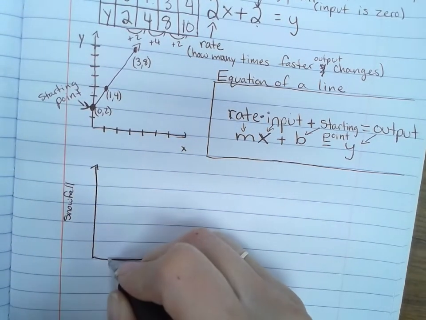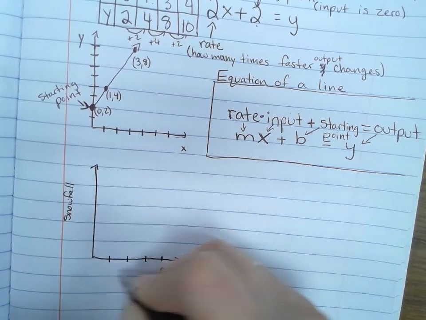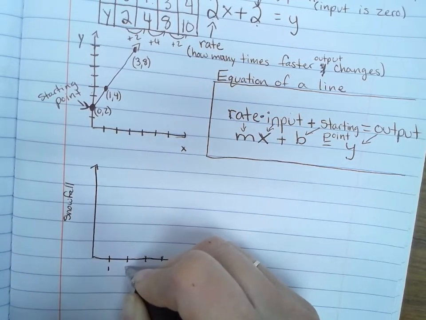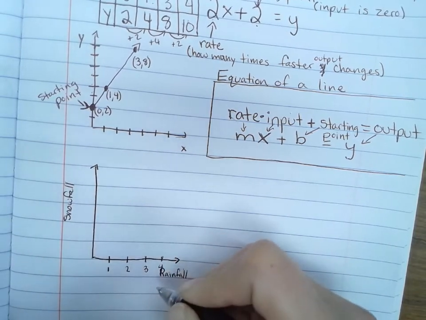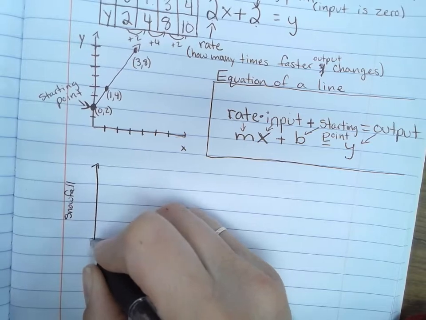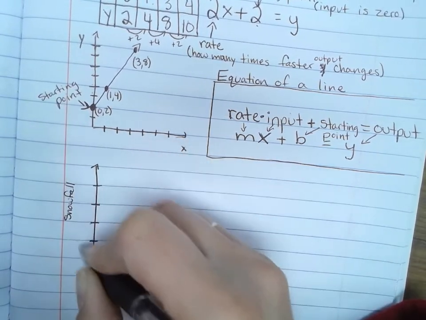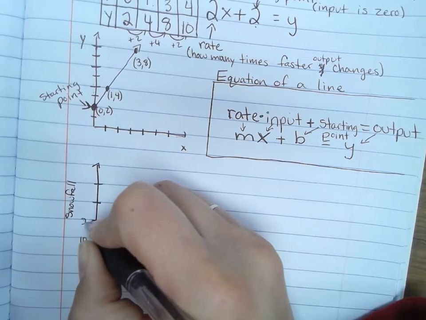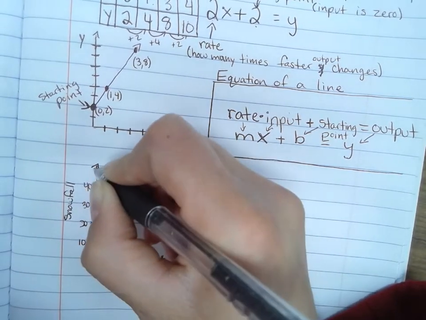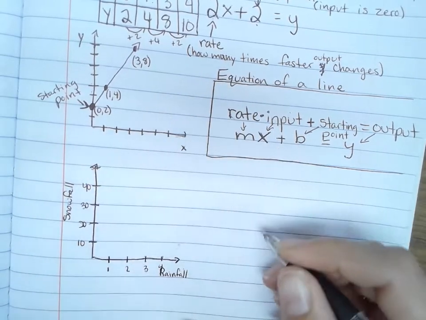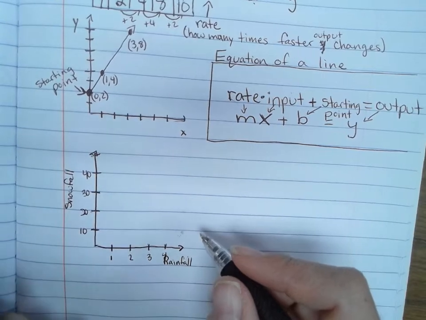Okay, if we're given this, this one is going to be labeled by 1s. This one we're actually going to label by 10s. So this will be 10, 20, 30, 40. So this is how much rainfall is the same as how much snowfall as far as water goes.